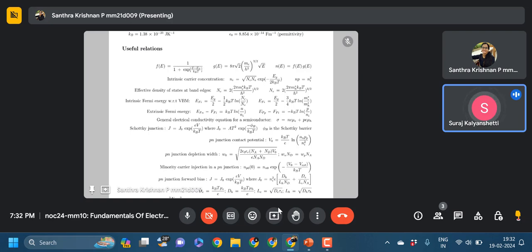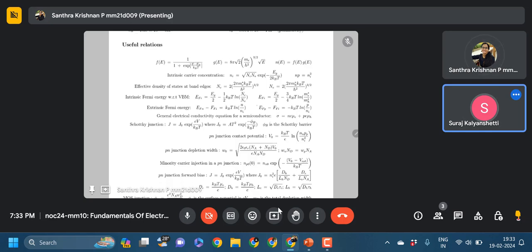So I have to choose. It's directly given here. Not EFI is equal to EG by 2, not that one. The EFI is equal to, you have n and ni. So EFN minus EFI is equal to KB T ln n by ni.